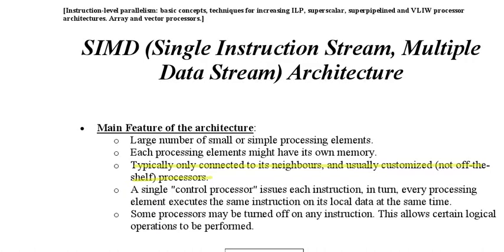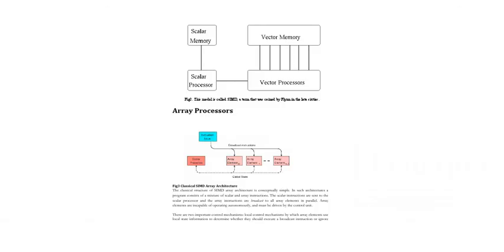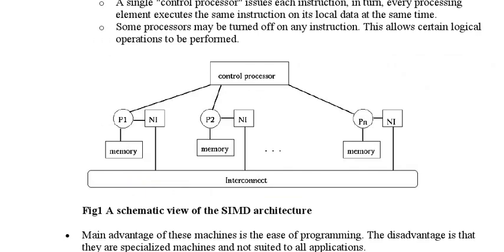So, if you come back to this diagram, now the control processor will decide or cluster the instructions into two segments. The instructions which can take the advantage of instruction level parallelism are routed to different processing elements.